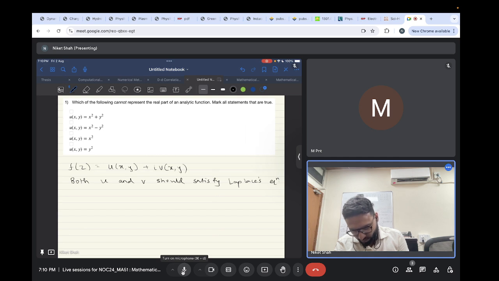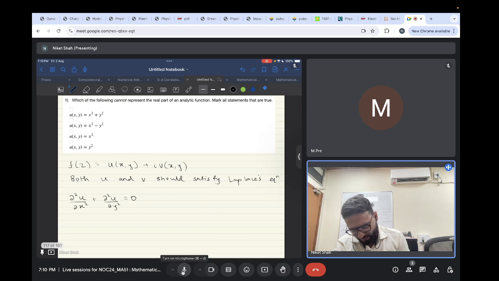So for u, this condition turns out to be del square u by del x square plus del square u by del y square is equal to 0. This is all we have to check for all the four parts. Maybe I'll check for just the first part. For the first part, u of x comma y is equal to x square plus y square. Therefore, del u by del x is equal to 2x, del square u by del x square is equal to 2.